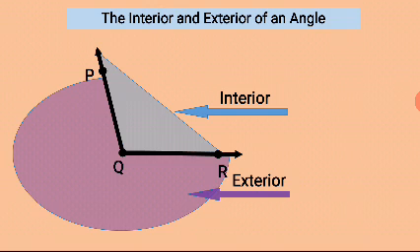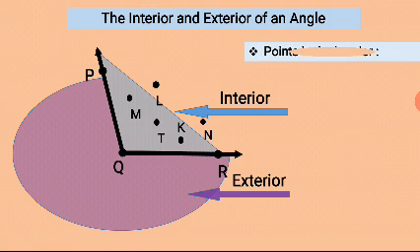Now we use some points, to see which points come in the interior and which points come in the exterior. So we draw points. First point L, point M, point T, point K, point N. These five points are in the interior of the angle.